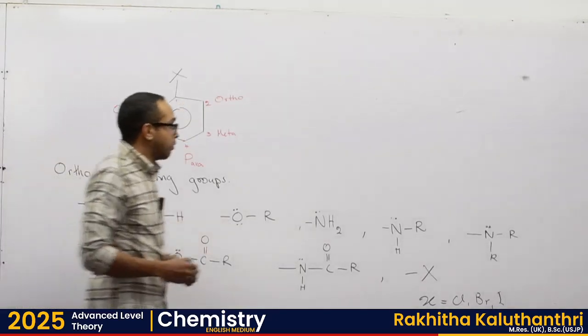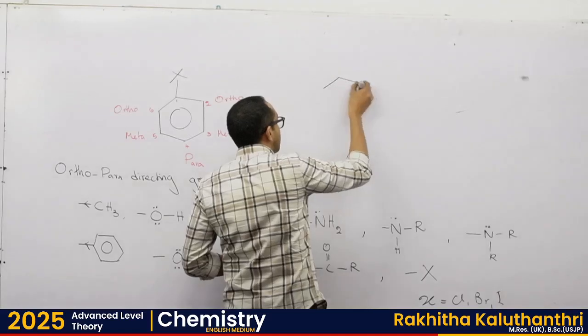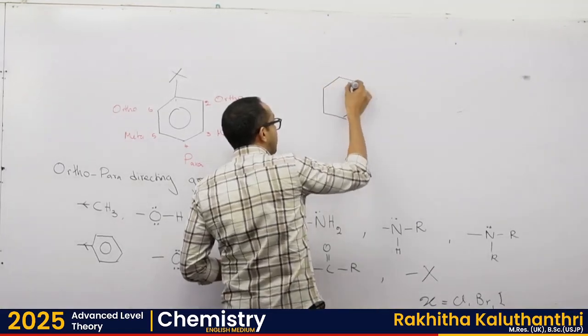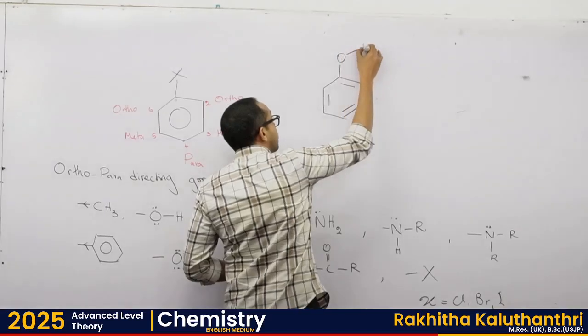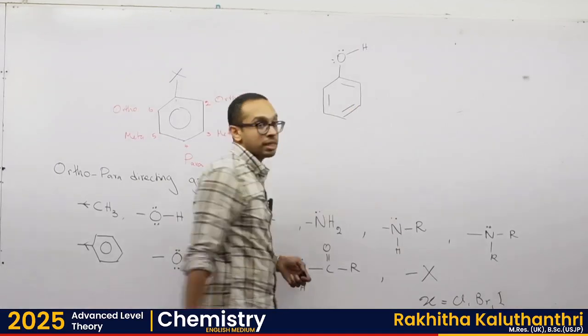But others, if you take something like OH, right? I told you this earlier, in the beginning of the class. An OH group has 2 lone pairs.